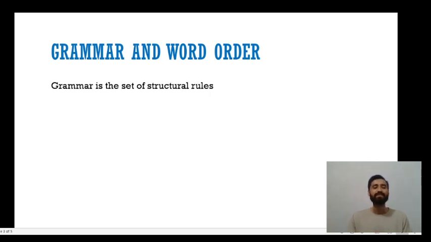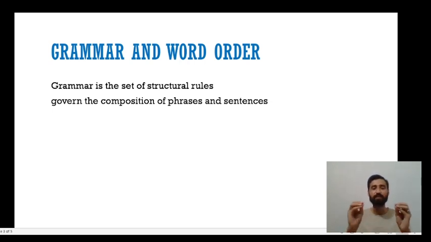So, what is grammar? Grammar is the set of structural rules of a language. It means that we get the rules and regulations about the structure, and that is why we call it grammar. It governs the composition of phrases and sentences. By keeping these rules in mind, we compose phrases and sentences.